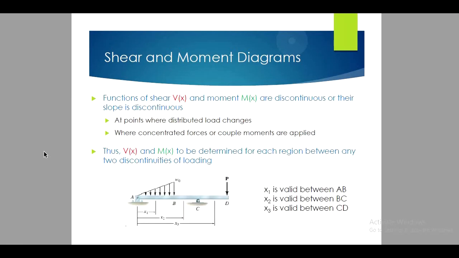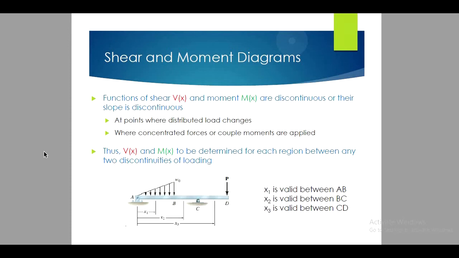So what do we get in the end? We get a function of shear and a bending moment diagram, but we see that in many cases where there are multiple supports instead of two, there are discontinuities in the slope of the graph at the points where distributed loading changes or where concentrated forces or couple moments are applied.